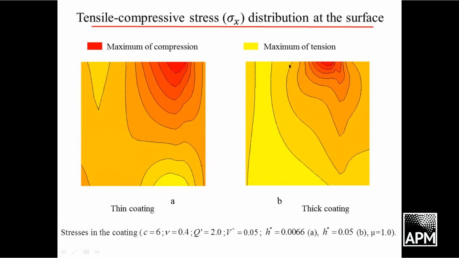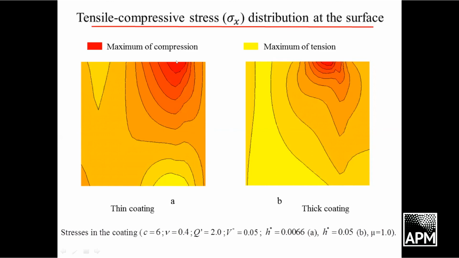For relatively thick coatings, the picture is almost the same as for the case of elastic materials. But for the case of thin coatings, we have another picture. We have maximal values of tension at the layer-substrate interface under the zone of maximal compression at the surface.